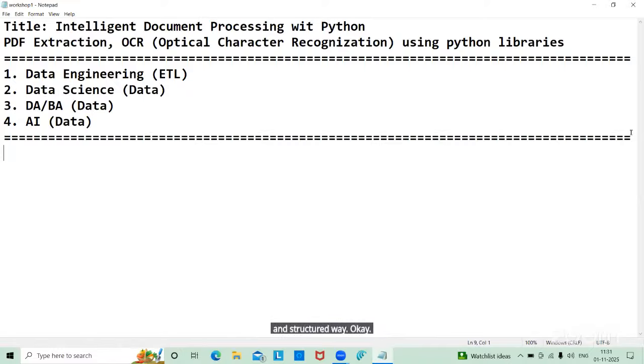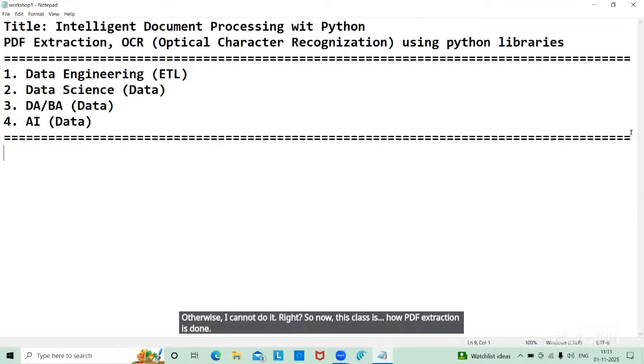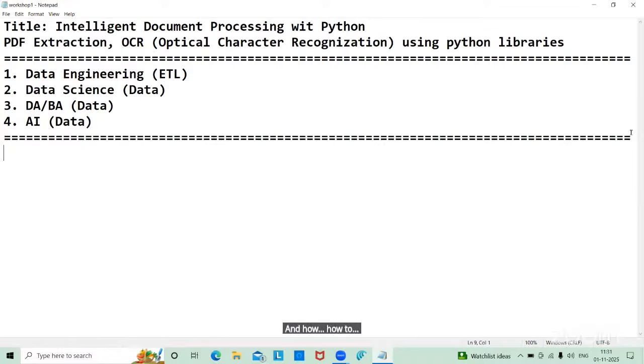Then only can I do analysis, otherwise I cannot. So this class is about how PDF extraction is done and how to recognize the characters and read them. That is OCR, which is called optical character recognition.